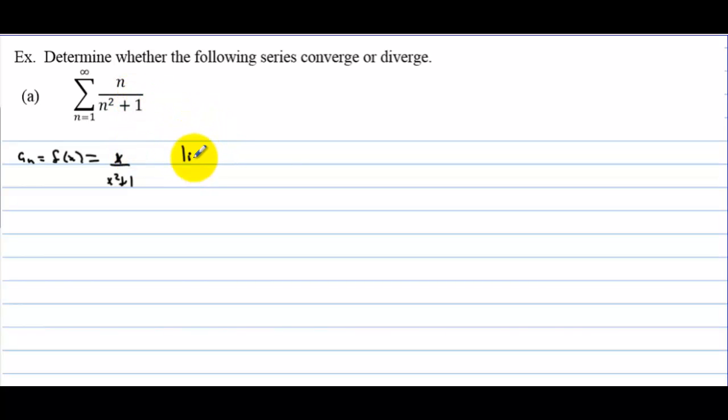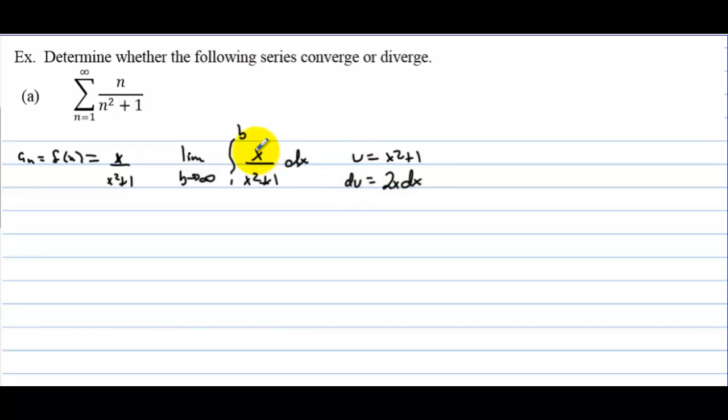We have the limit as b approaches infinity of the integral from 1 to b of x over x squared plus 1 dx. And we're going to do the integral here by u substitution. We'll let u equal x squared plus 1. du is equal to 2x dx.